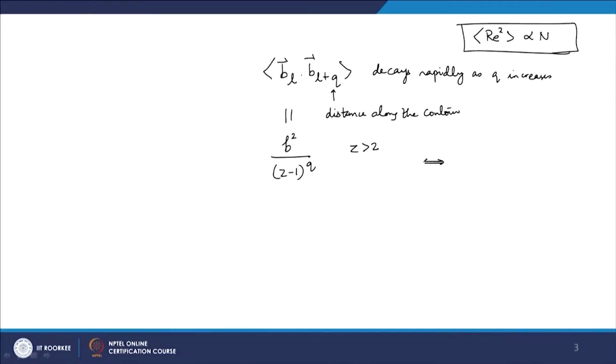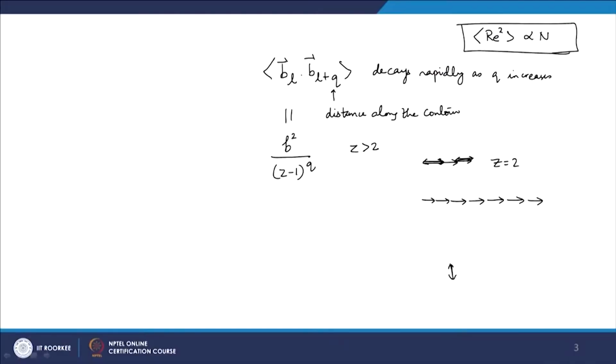So, now you can see why z equal to 2 is a special case, because if we have a 1D random walk, and if I disallow folding back, then what you see is that you form a straight chain. So, for the z equal to 2 case, if I disallow folding back, then there is only one conformation of the chain, right.